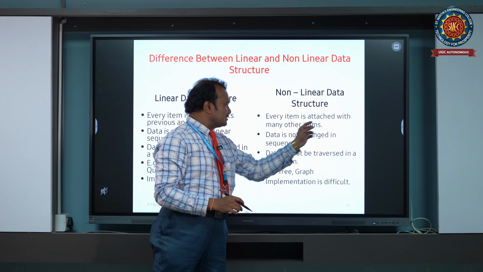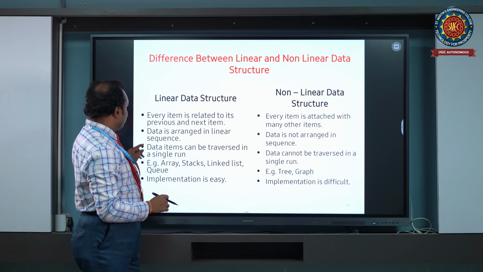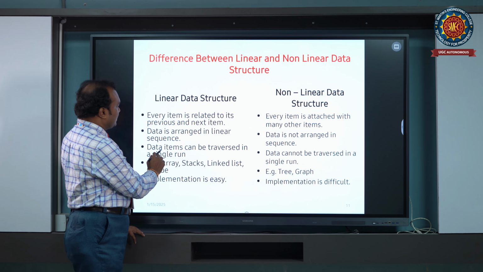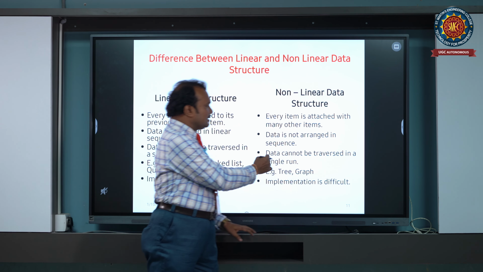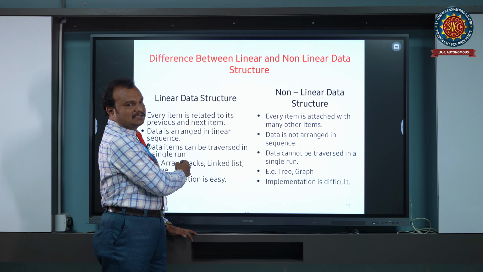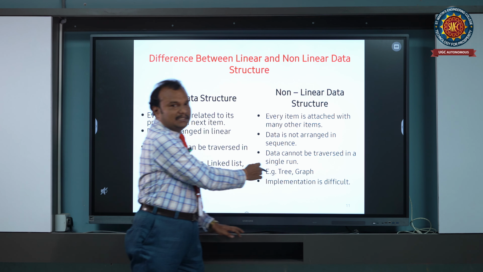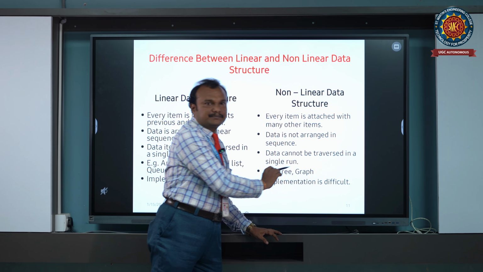In a non-linear data structure, data is not arranged in a sequence. In a linear data structure, data items can be traversed in a single run. Here, data cannot be traversed in a single run. Examples of linear data structures are arrays, stacks, queues and linked lists. Non-linear data structure examples are trees and graphs.